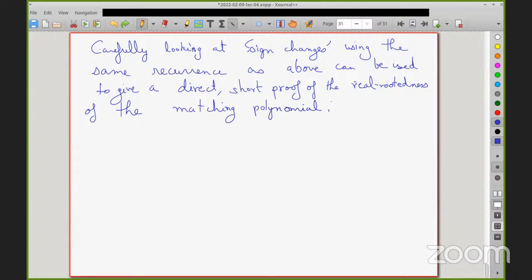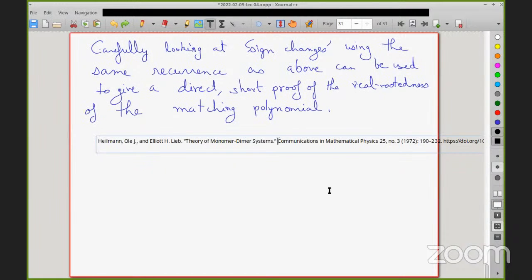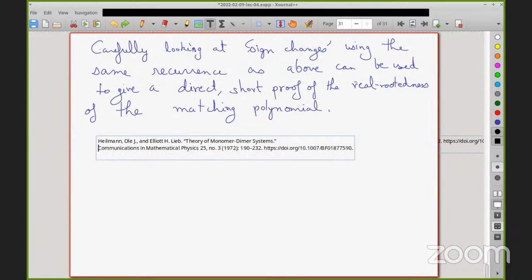And the reference for this is, see pages 190 and 200 in this paper.